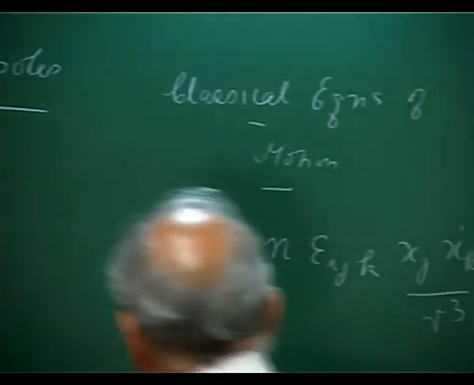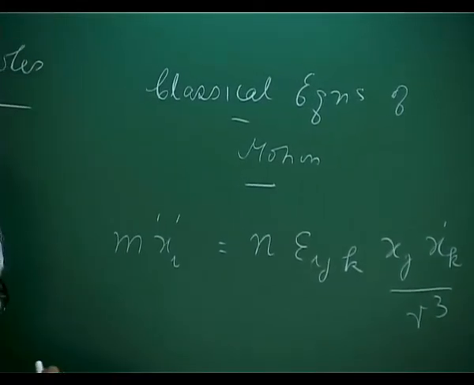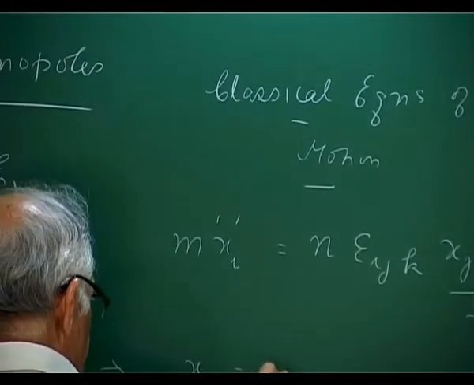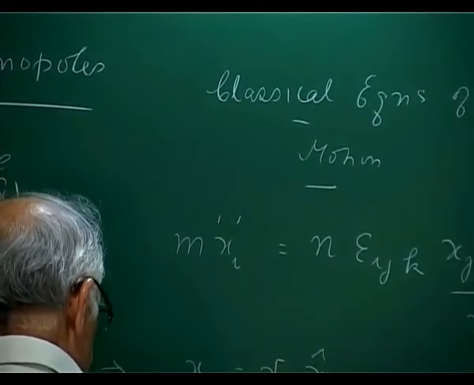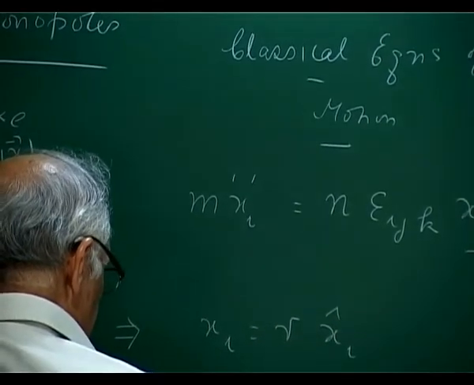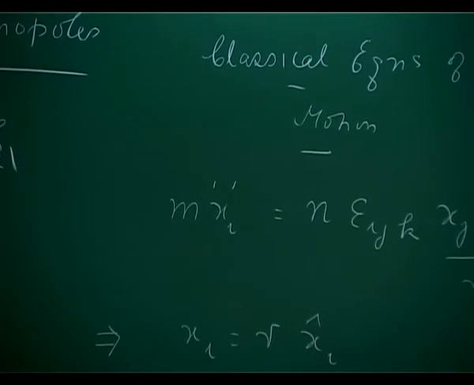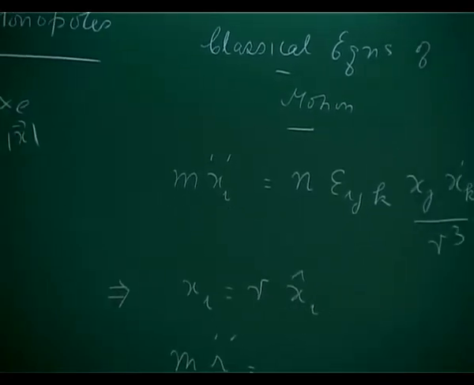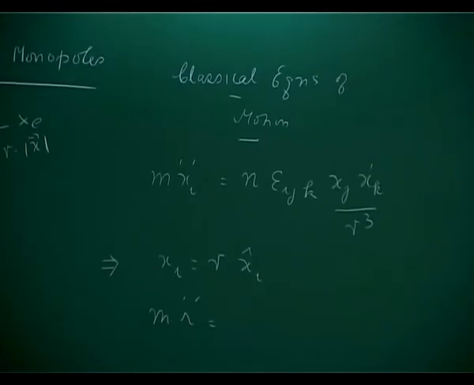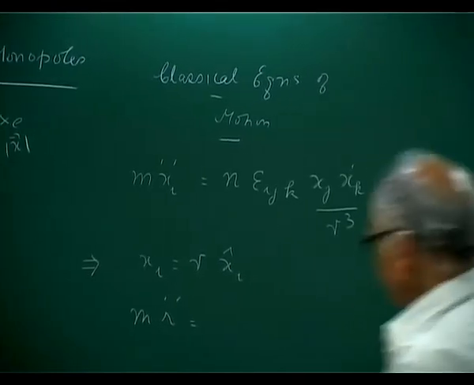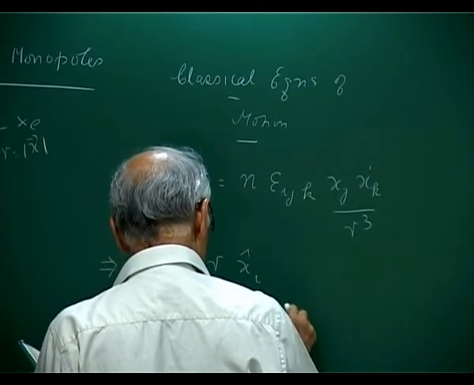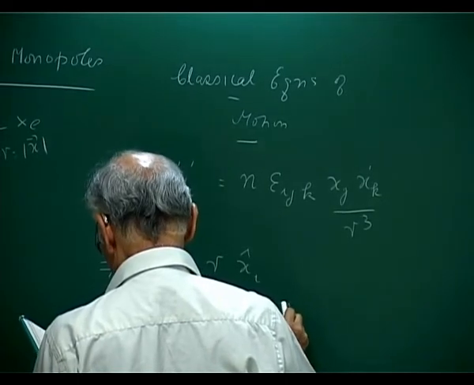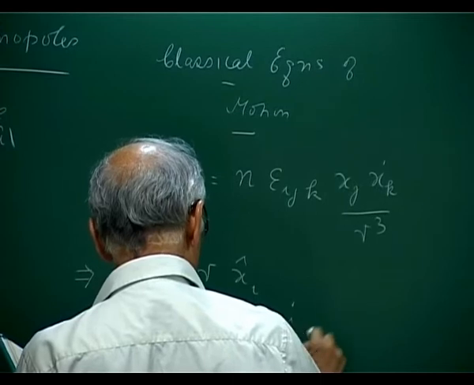Now this is a fairly remarkable equation. Why? It implies, if I look at r times x hat dot x hat i, this equation says m r double dot is equal to, it separates nicely, well, I think even the m is not necessary. r double dot is r times summation x hat i dot squared.